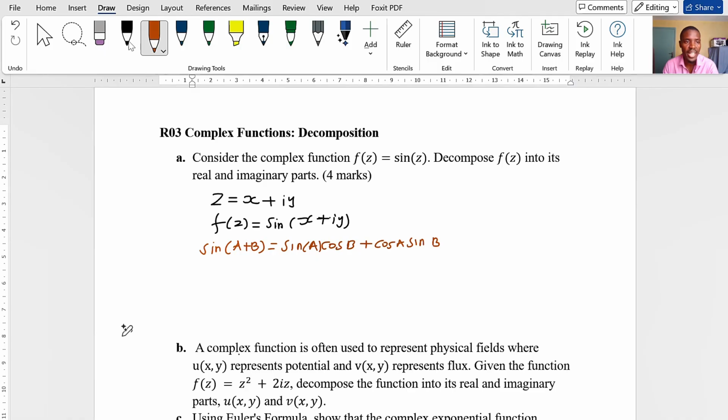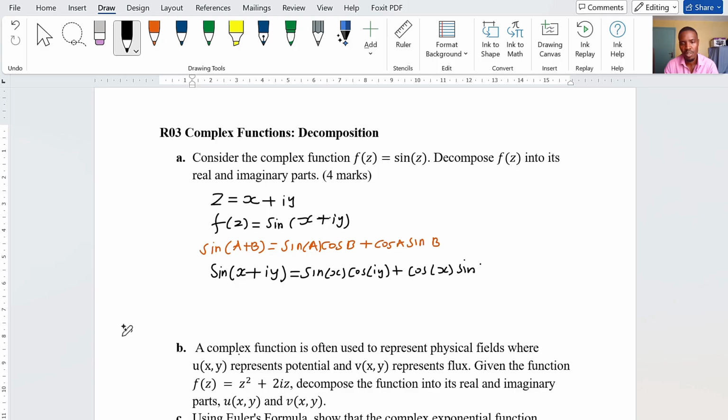Now, if you recall that, we can now express our sine of x plus iy. Applying the property, it will be sine x cos iy plus cos x sine iy.